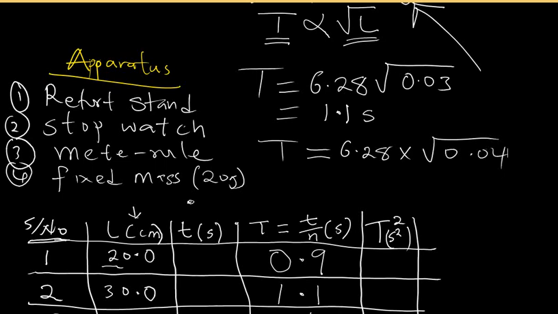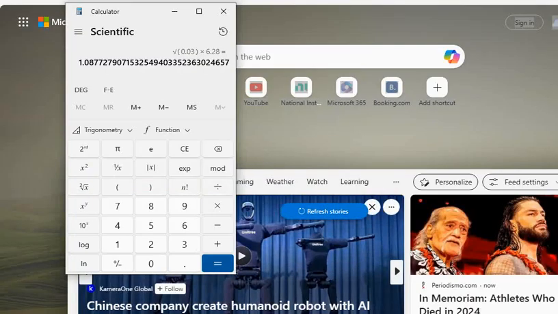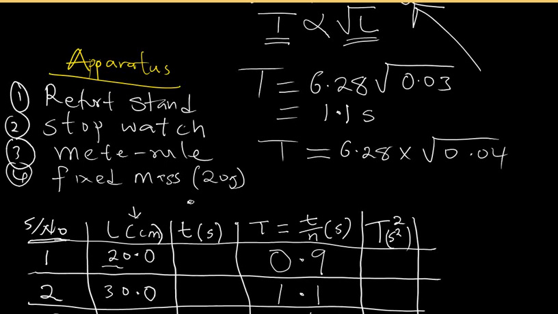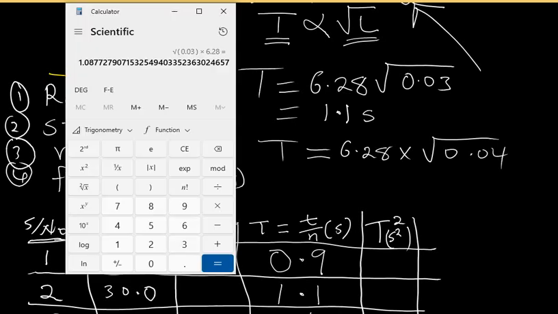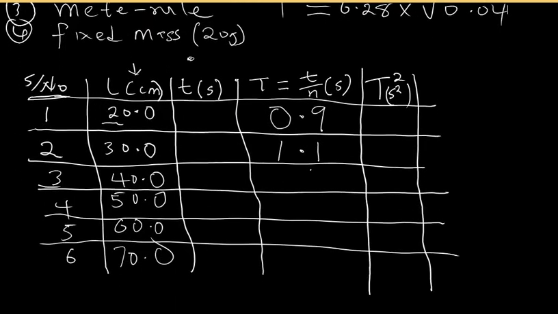Let's do that. 0.04 square root, then multiply by 6.28. So 1.3 approximately.